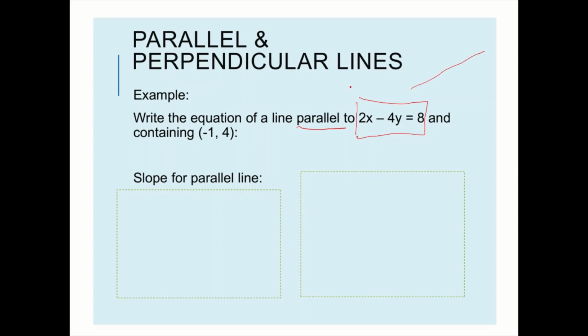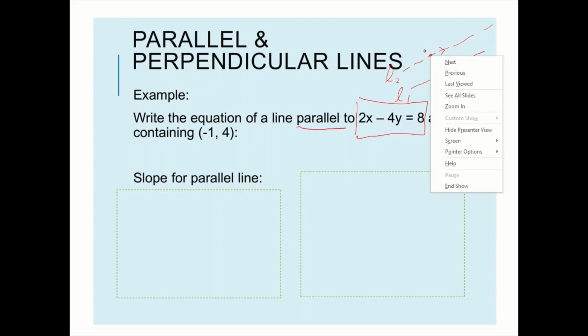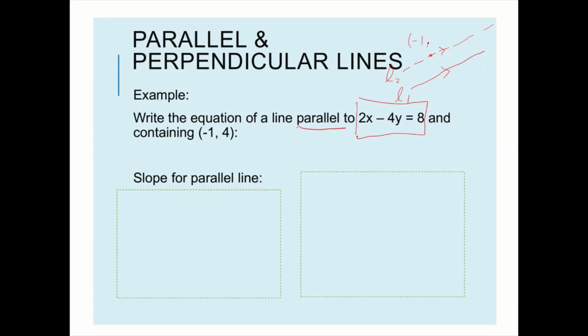Now, what we need to do is find another line. This new line is parallel to the first line, line 1. And this new line contains the point (-1, 4). So we need to find the equation of this new line.